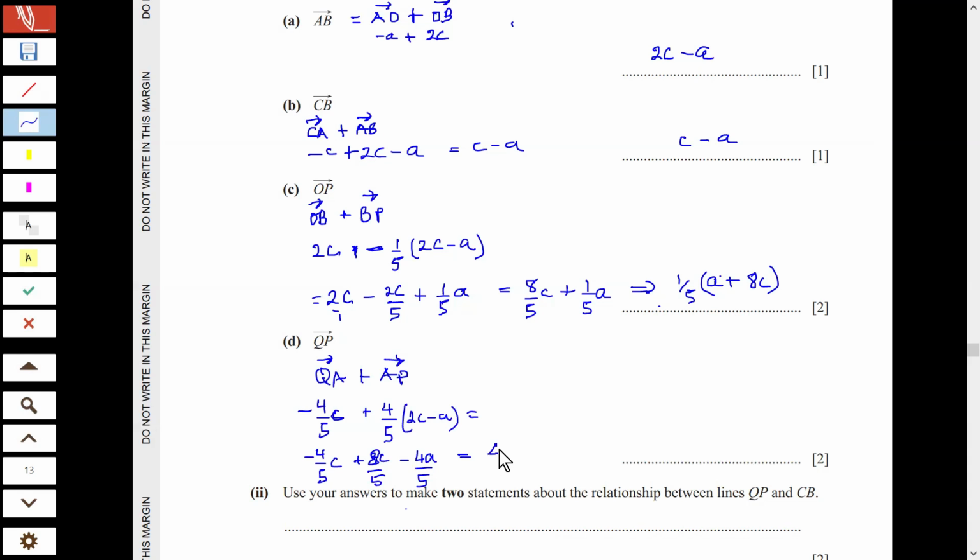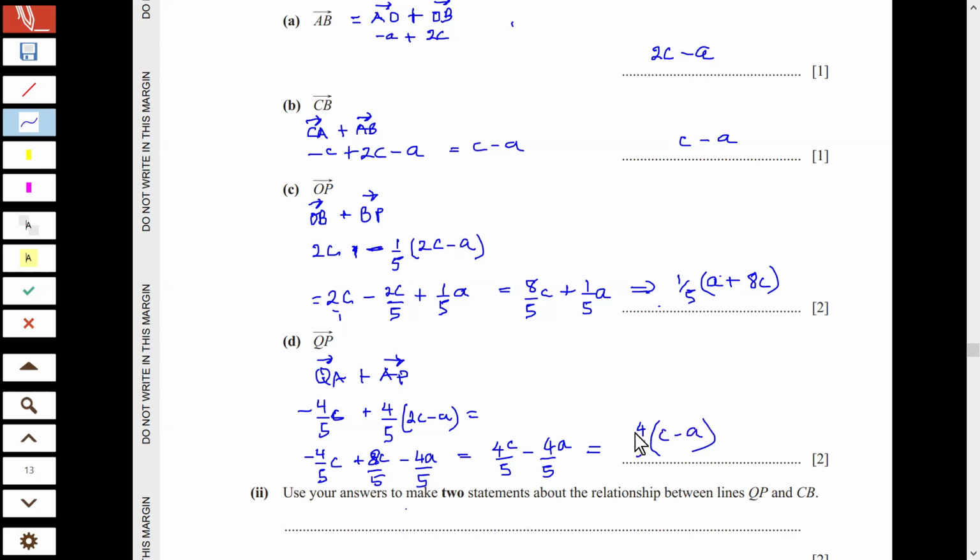So we get 4C/5 minus 4/5 A. We can simplify this further by having a common factor, which is 4/5. Introducing a bracket, this is C minus A as a final answer.